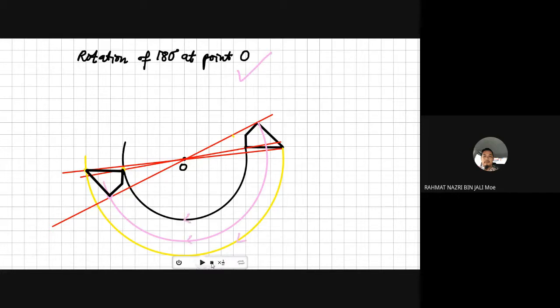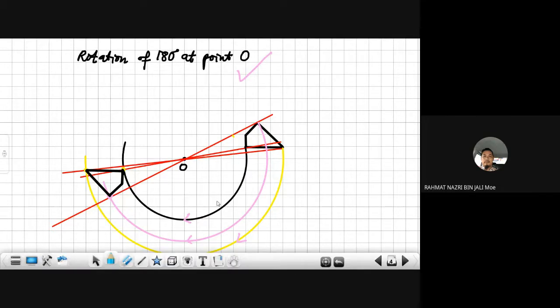Okay, I'm gonna stop, and then the final way is we shut down this one. We plot. We label. This is P, and this one is P prime for the image.